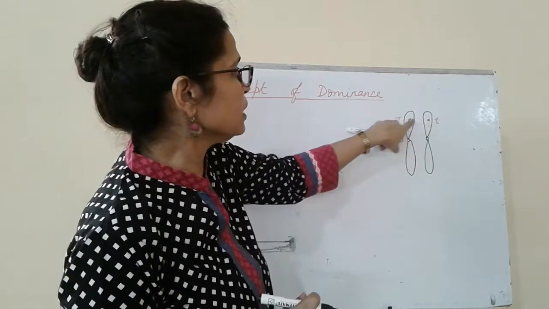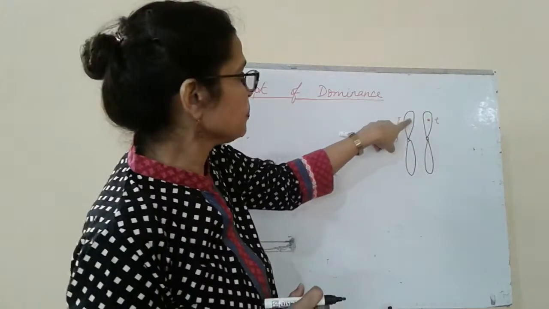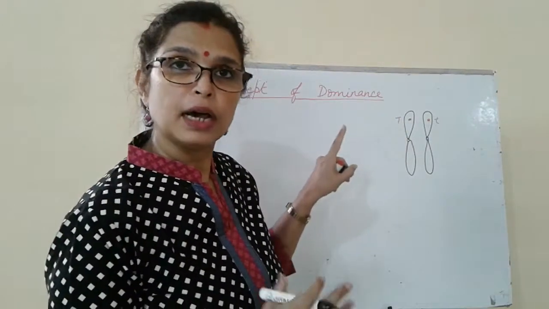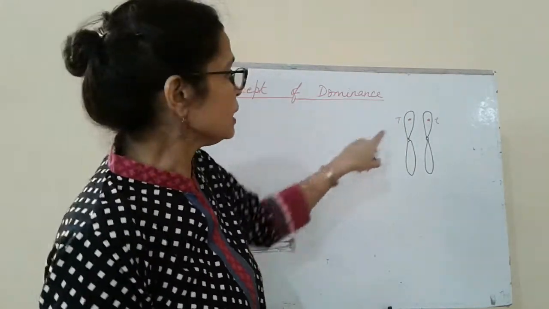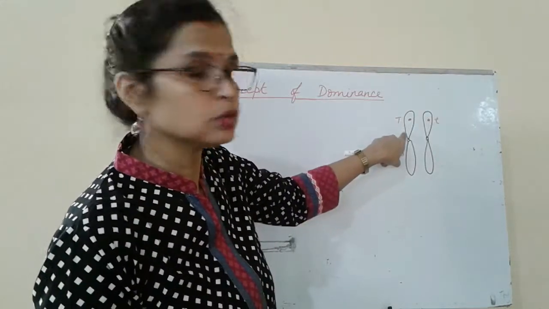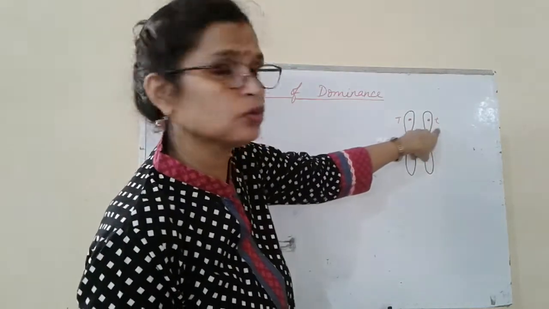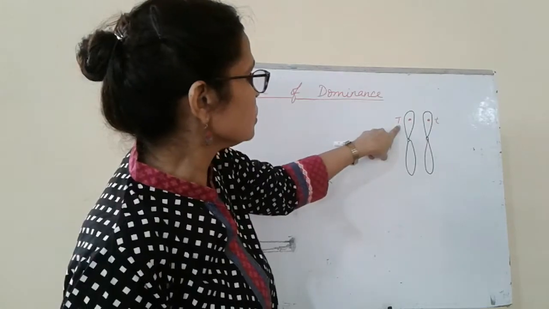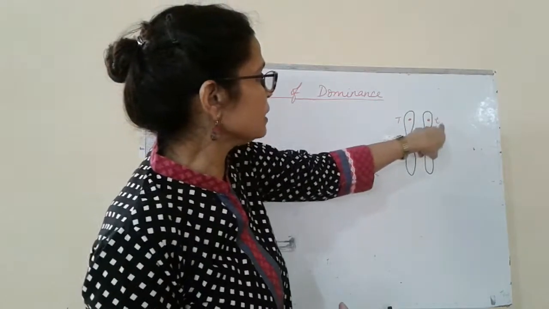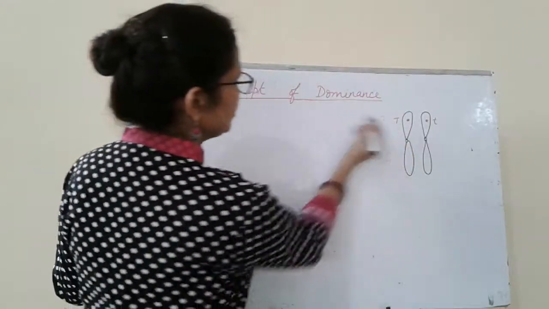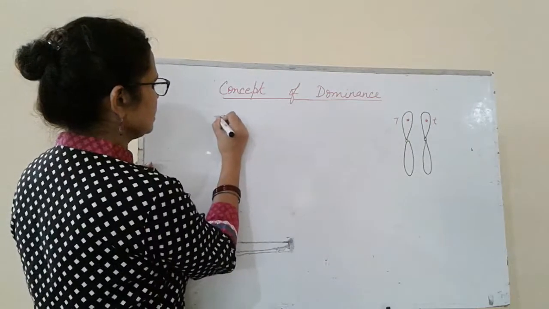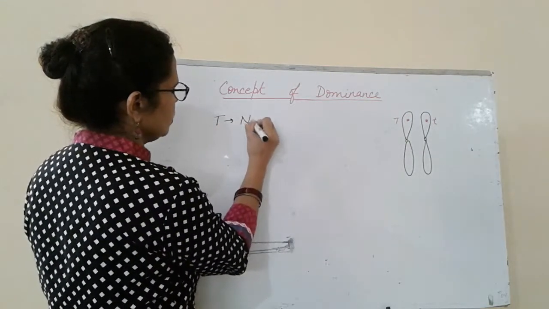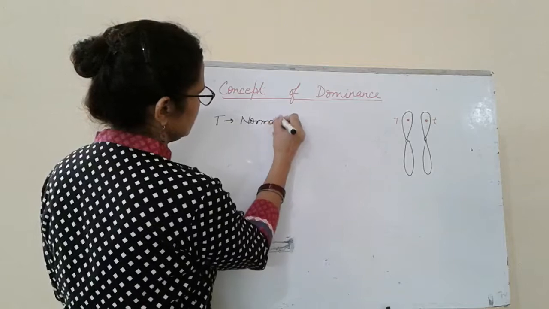They are controlling the height of the plant, and in some cases the alleles are homozygous and in some cases the alleles are heterozygous. So here the case is heterozygous. One is capital T and another allele is small t. This capital T is a normal allele.